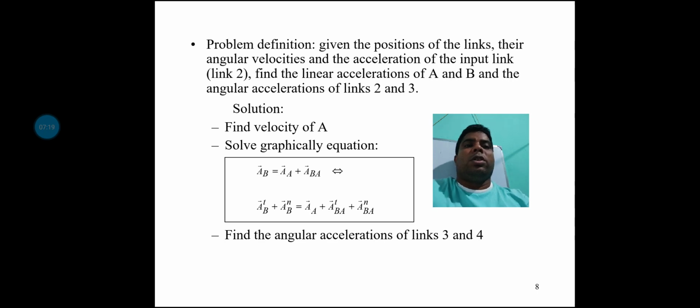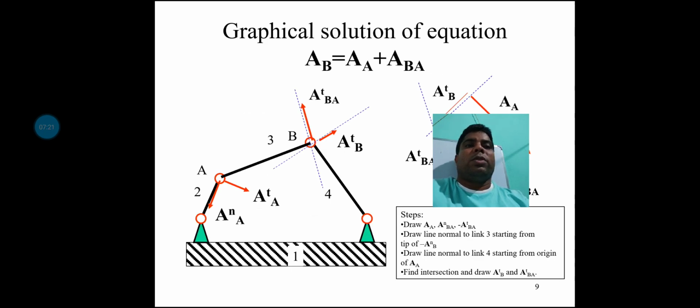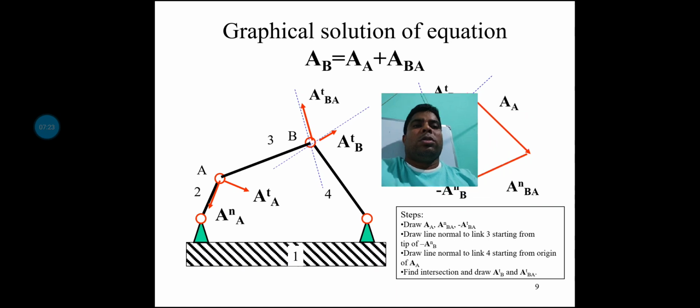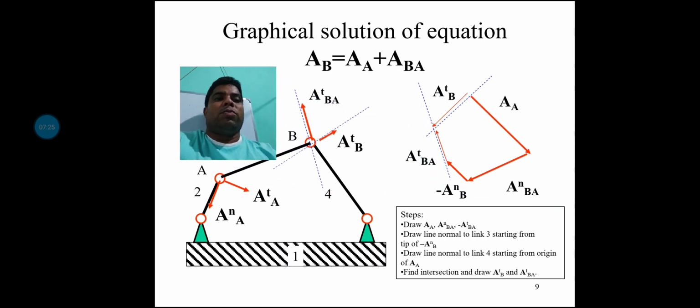So find the velocity of A. Graphical solution, step 1: draw AA and ABA, that is, A to the power n minus ABA to the power t. Next, we draw the normal line to link 3, starting from the tip, minus A to the B to the power n.